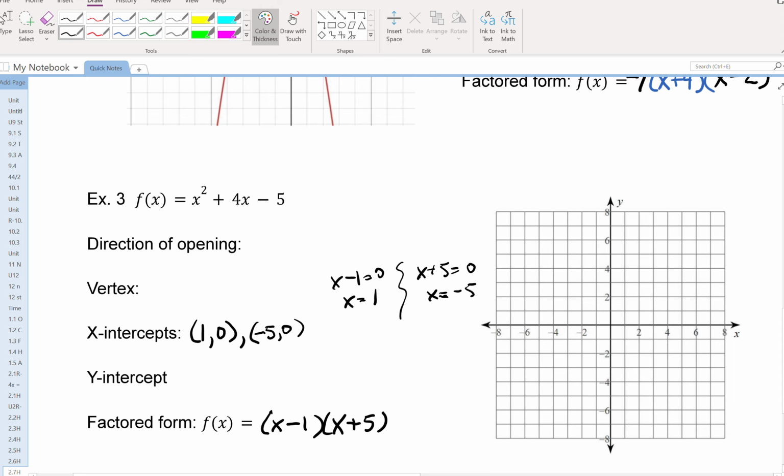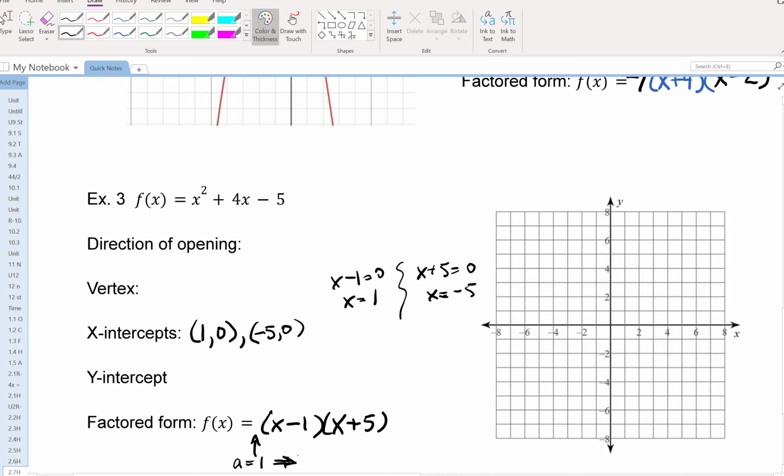My direction of opening. Now, notice there is no number there, which is to say that a is 1. And that's positive. That means that this opens up. So direction of opening opens up. All right. The vertex is a little bit, well, let's do the y-intercept.